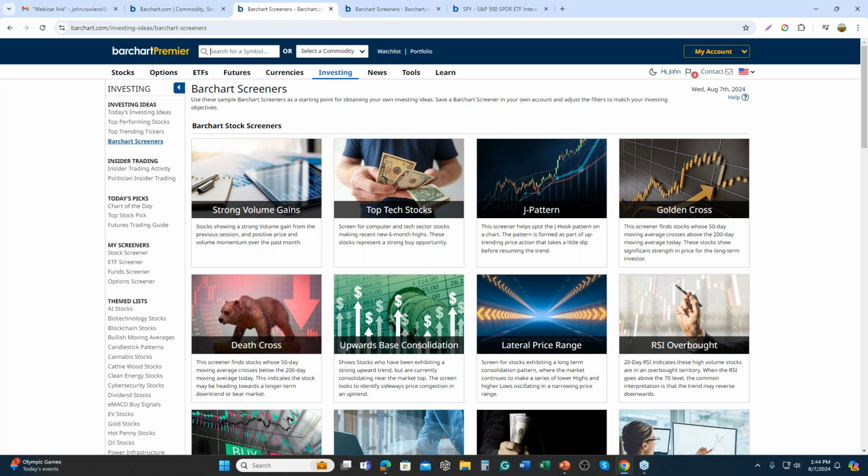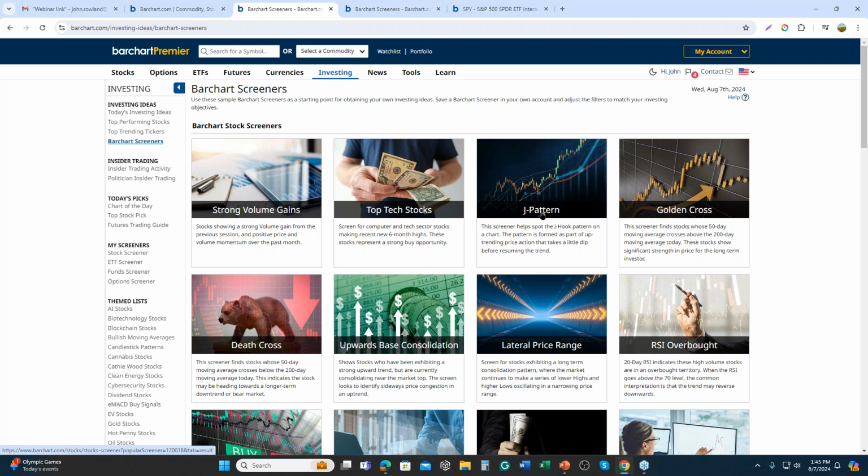What we actually have is two screeners that are going to help you find potential candidates. The first one is called the J pattern. The J pattern screener is looking at that hook pattern at the end of our handle. Remember, our handle falls and then it shoots up. If you imagine that, it looks like the letter J.